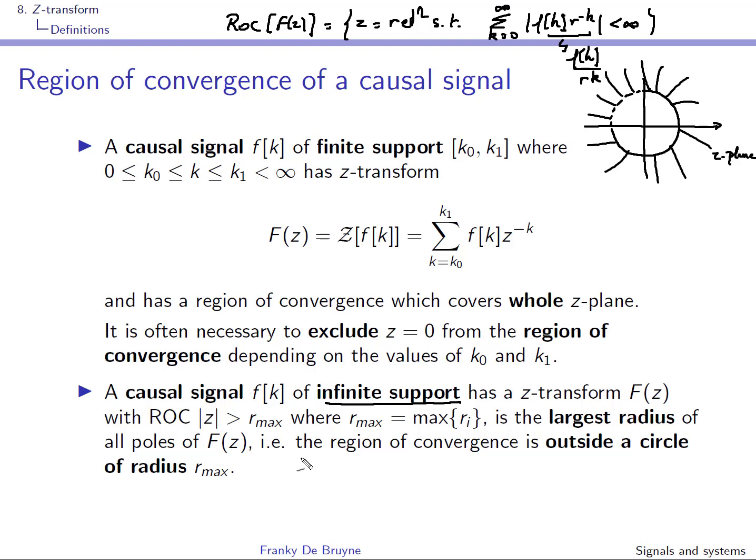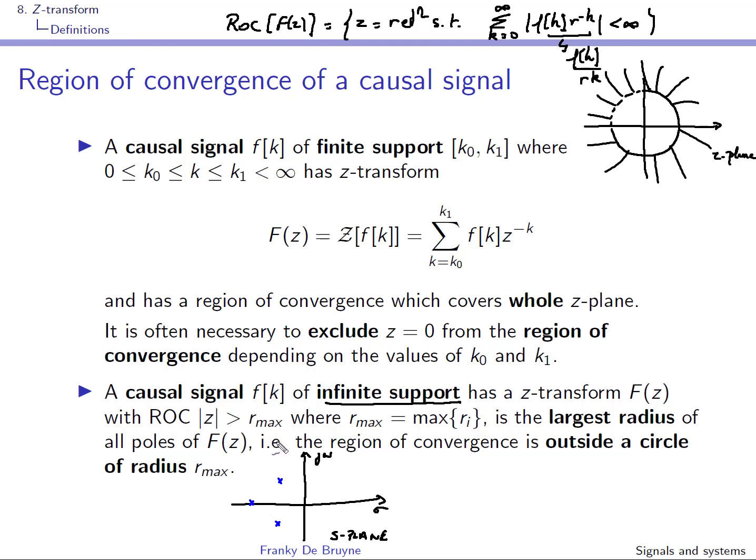Another way is to remember how we find the region of convergence in the S plane. So this is the S plane, this is sigma, this is j omega, and remember that in the Laplace domain the idea was to look at all the poles. There should be no pole in the region of convergence.